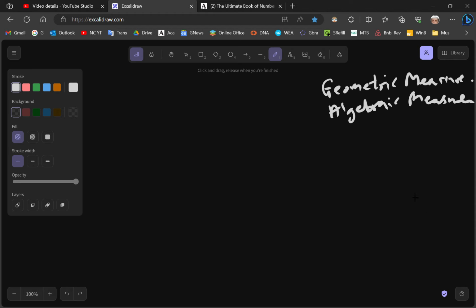So in geometry we have exact measure and we can perform all the 4 basic operations of arithmetic using ratios of magnitudes. Okay, so we can, for example, multiply. Geometrically we can do this. We can multiply square root 2 by pi and get an exact line segment.